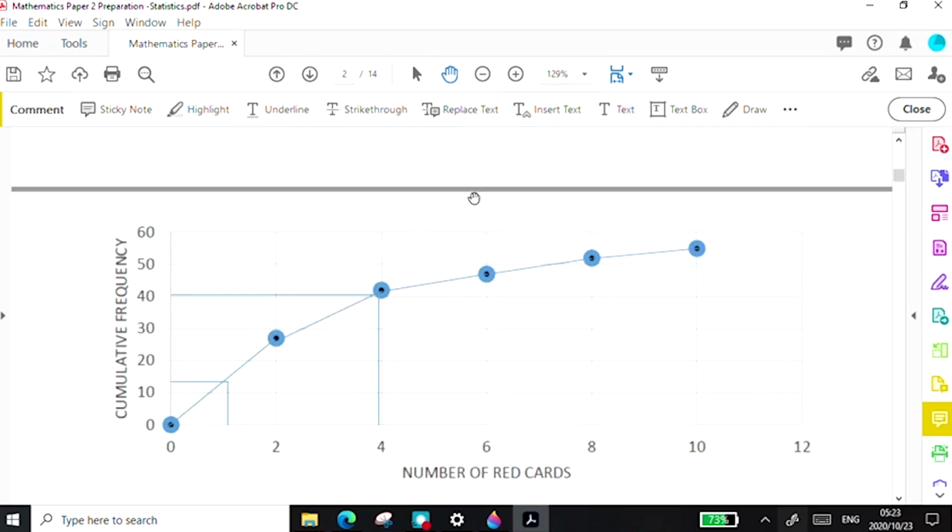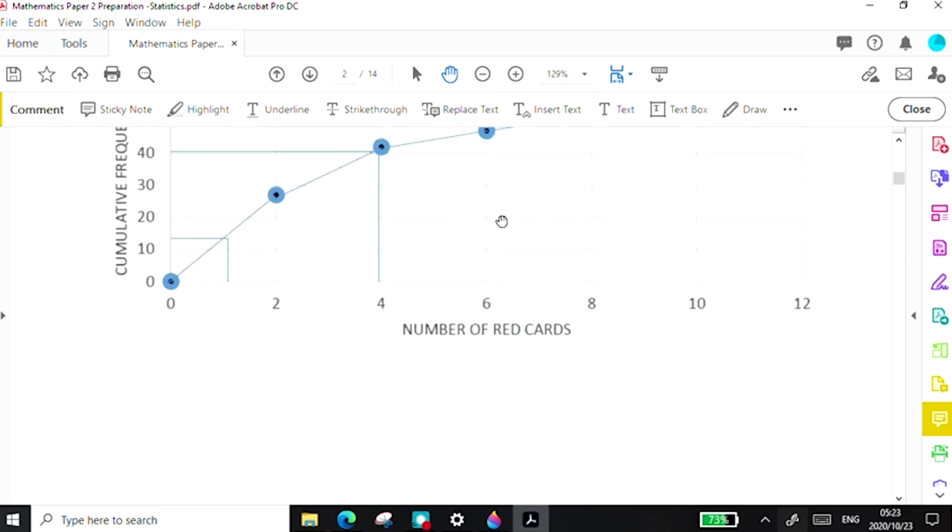Now, from the ogive curve, to find Q1, we take the number of red cards, which is 55, and we divide by 4, since it is a quarter.